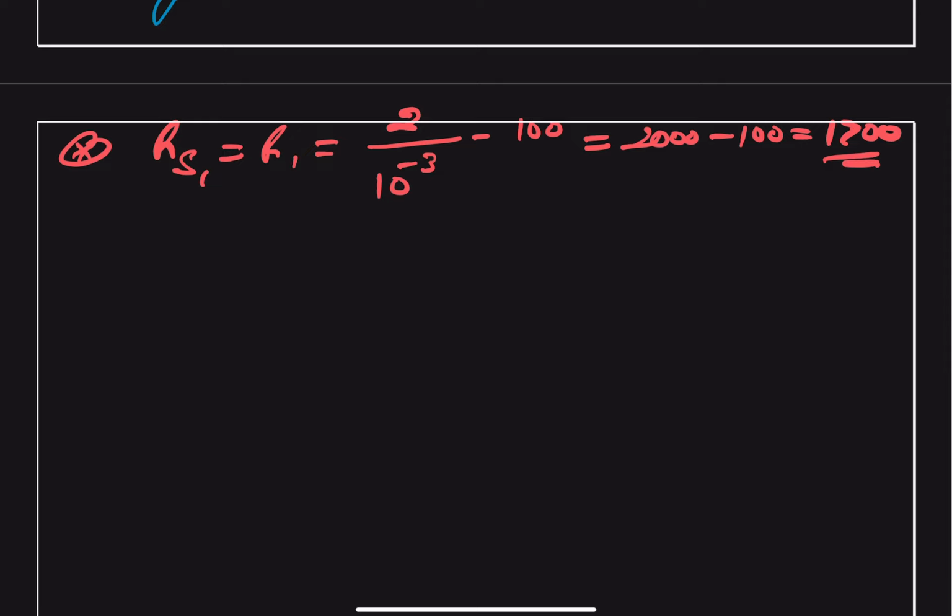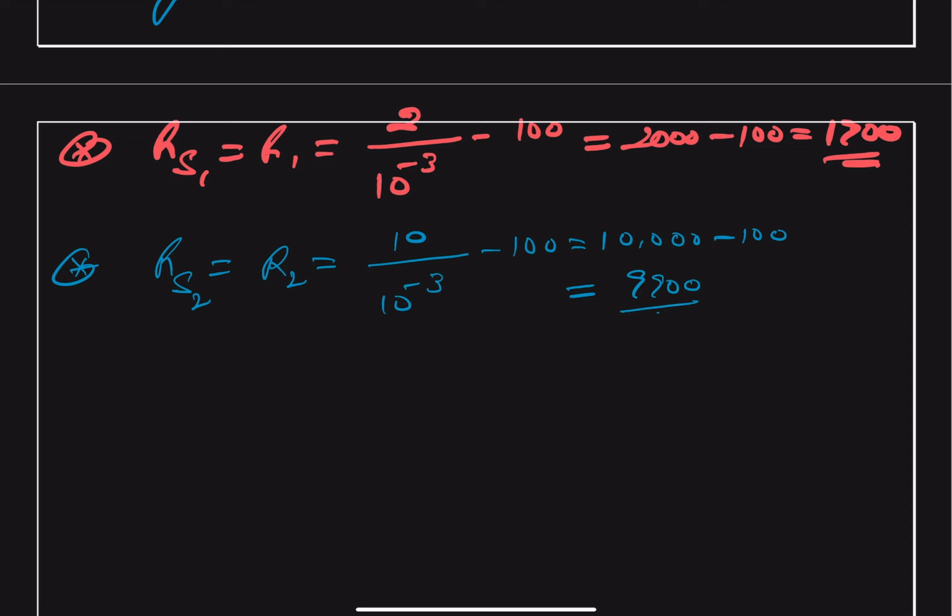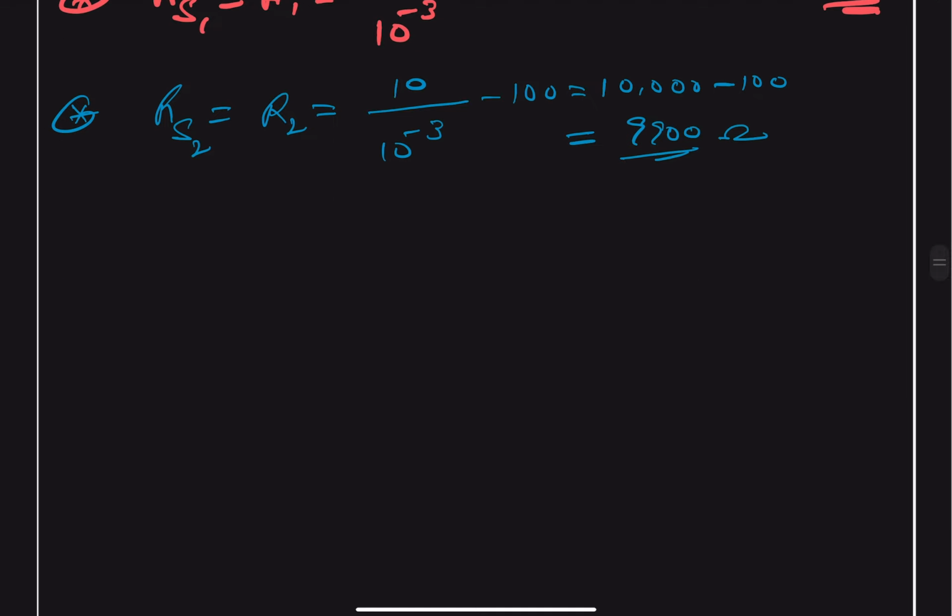And similarly, we can find out our second, that is Rs2. In this case, R2 is our 10 divided by 10 to the power minus 3, and this comes as 10,000 minus 100, and this gives us 9900, and this will be in ohms. And finally, we have our Rs3, which will be our R3.